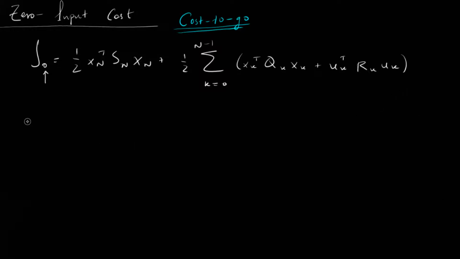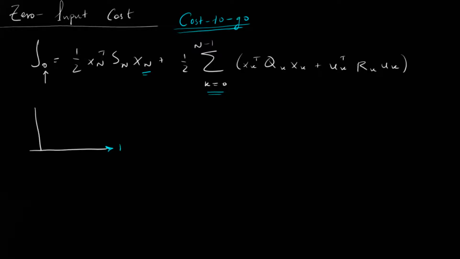So let me draw some axes here. And let's say we want to compute the optimal control from point A to point B, right? That's our LQR problem. That's what we started with originally. J0 would be the cost from time k equals 0 all the way to time k equals n, right?